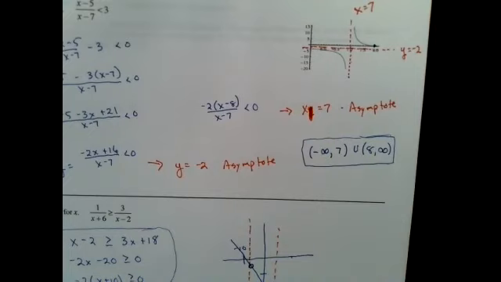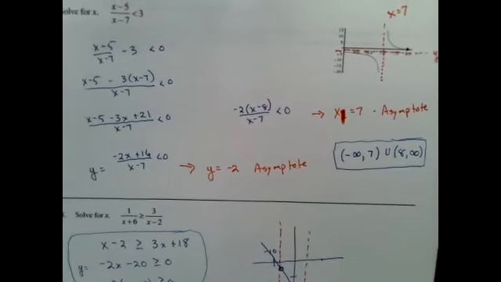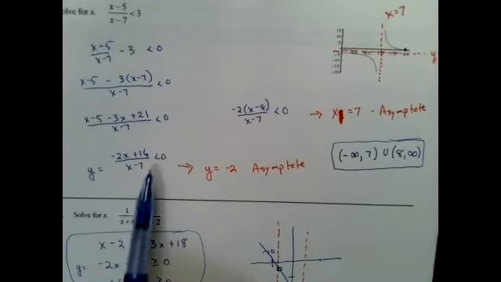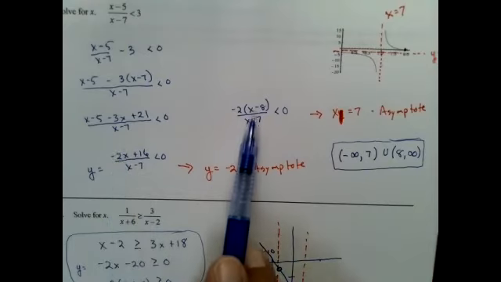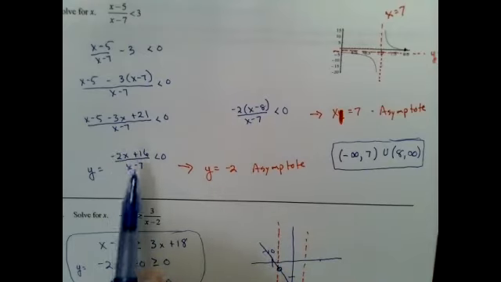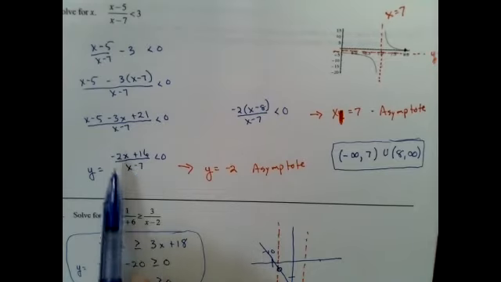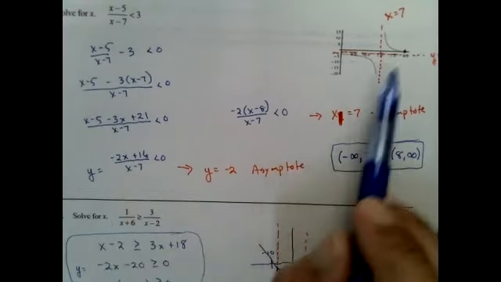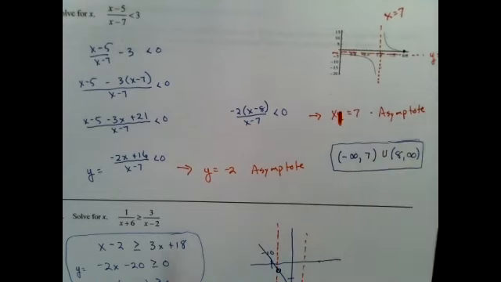Wow. If you got that, give yourself a pat on the back because that was putting some things together. Once I got to this point, I'm saying there's an asymptote at 7. There's an asymptote at -2. So if I wanted to look at the graph, I'd have to pick some points to see how this behavior goes.